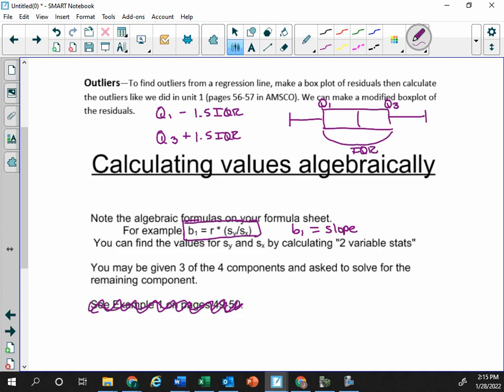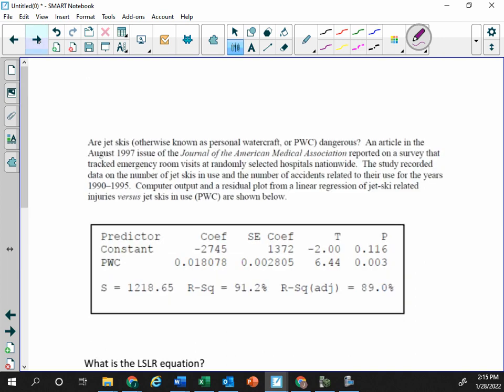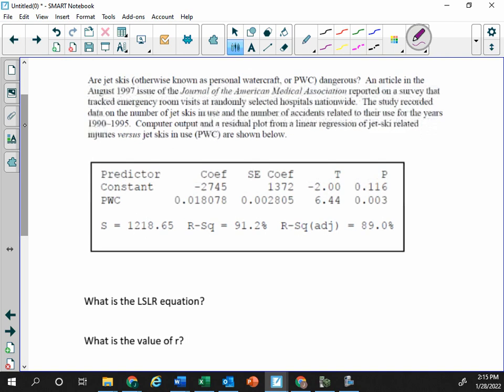Okay, guys, my goal today was to get through the first example, the jet ski example, and that's what's next. So hang with me, power through one example. All right, we're talking about jet skis, also known as personal watercraft, PWCs.